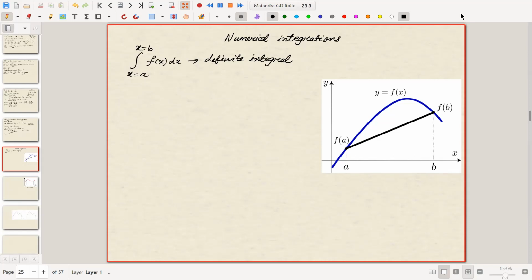Usually analytical integrations are done over functions. But numerical integrations, you will do over a set of points. The same idea we will apply as in the differentiation case. In differentiation, what did we do? We used interpolation to find the approximate polynomial over the set of data points.